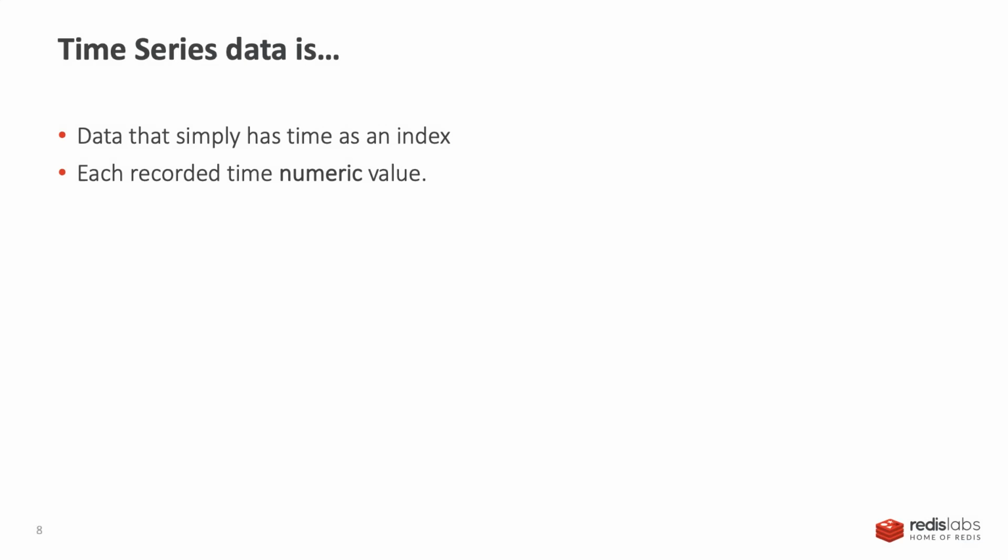So it has a time index, and the value is numeric. Basically, if you think about it in two columns, on one column you have some sort of time index, usually timestamps in the Unix epoch form, and then you have some sort of numeric value on the right-hand side. Very simple.